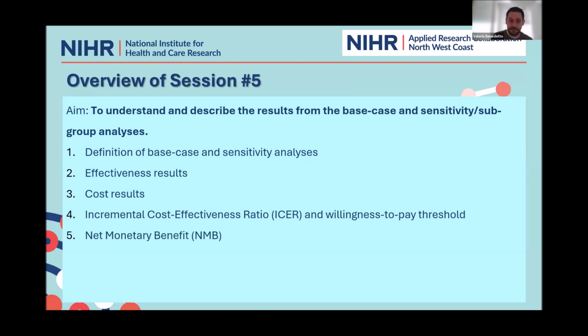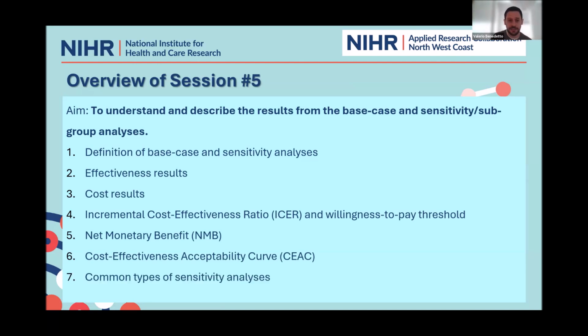Then he will describe the net monetary benefit, and I will talk a bit about the cost effectiveness acceptability curve. Then Andy and I will talk about common types of sensitivity analysis. So there's a lot to go through today. We will give you some examples as we describe the different concepts, so hopefully things will be clear by the end of the session.